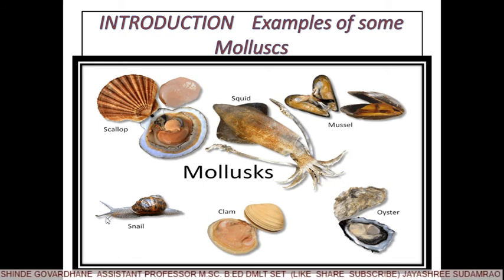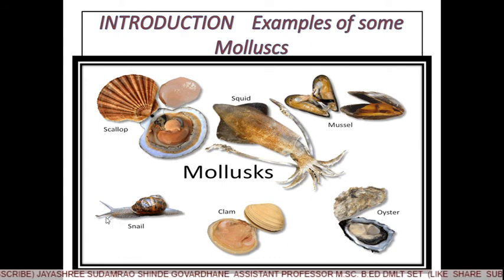Gills or ctenidia are respiratory organs. Circulatory system is open. Blood is colorless, red, blue or green, and hemocyanin is a respiratory pigment which contains copper compound. Excretion is brought about by 1 or 2 pairs of sac-like kidneys known as metanephridia. Nervous system consists of paired cerebral, pleural, pedal and visceral ganglia joined by commissures and connectives.